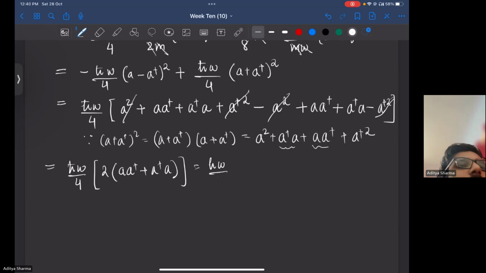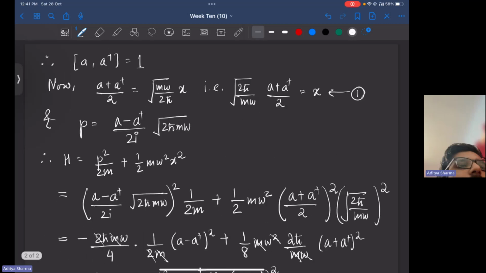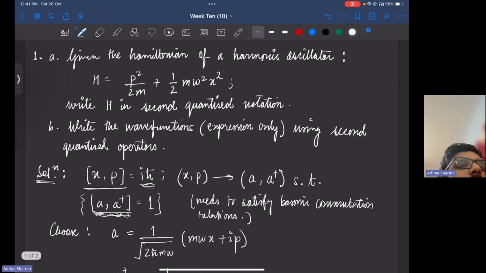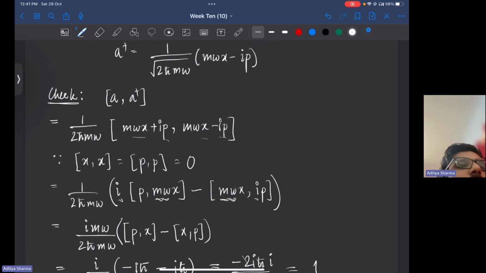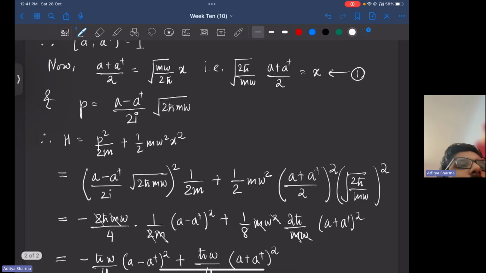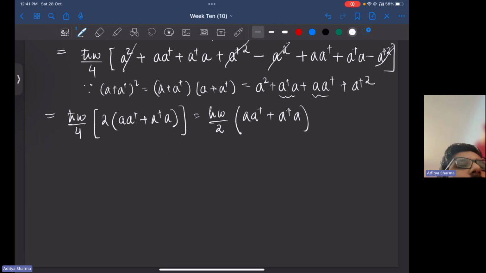Now, using commutation relations, I'm going to write it in terms of a dagger a.